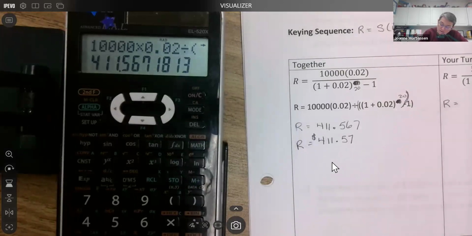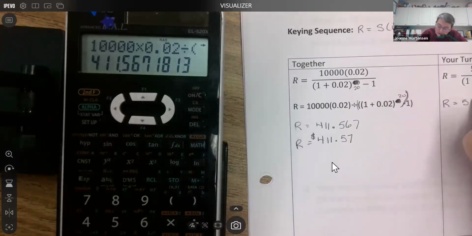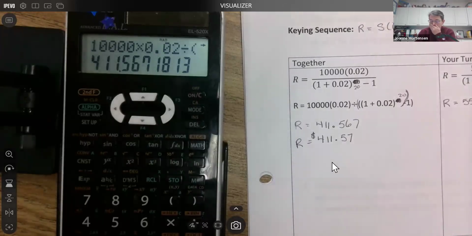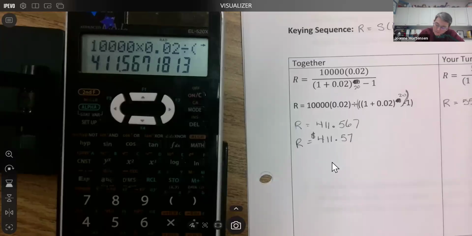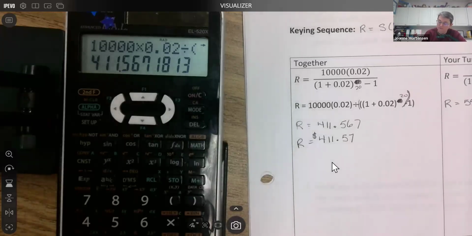So R is equal to, sorry. 1, 2, 3, 1 plus 0.05, the 40th bracket, that's the one I keep forgetting, minus 1, there we go.